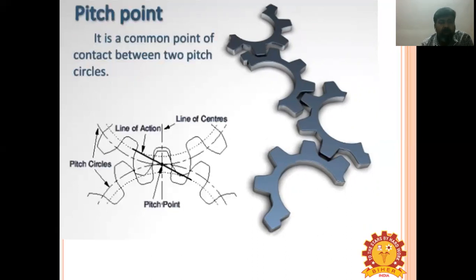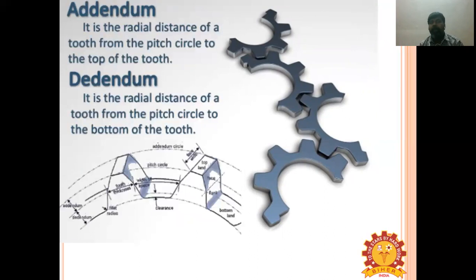What is the pitch point? I already explained that. Then what is the pitch? Pitch is the distance between consecutive teeth, and it must be the same for two mating gears. Now come to the addendum and dedendum.